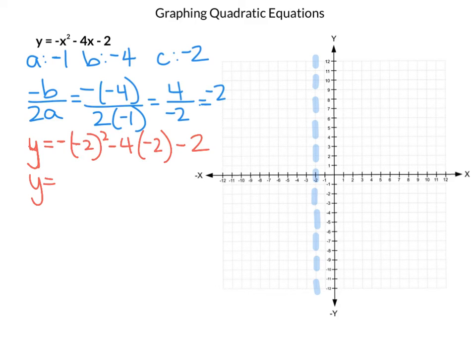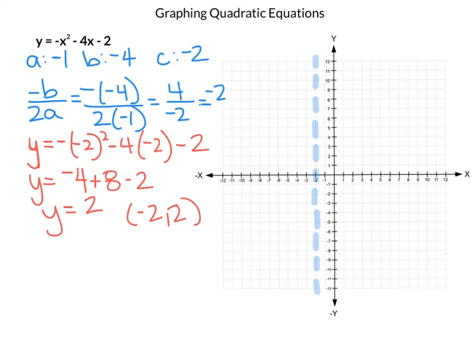So negative 2 squared is positive 4, but then I have to bring the negative in front of it down too. So I've got negative 4. Negative 4 times negative 2 is going to give me a positive 8, so plus 8 and then minus 2. So if I simplify that, I'm going to end up with positive 2. So that means that my vertex is going to be negative 2, positive 2.